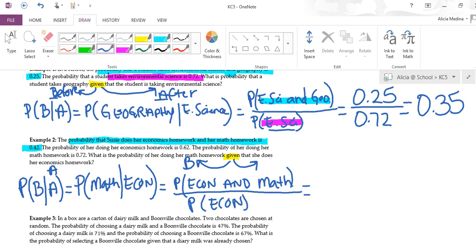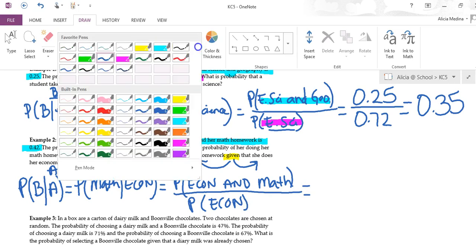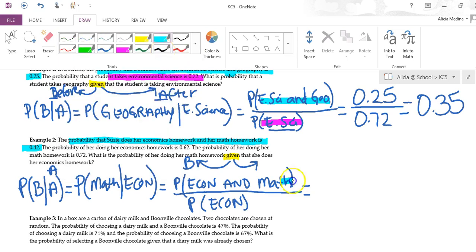All right, what was nice is that I already highlighted our and statement here. That's the one I have in blue. So I know that's going to be 0.42. What I have to find now, though, is the probability of just econ.